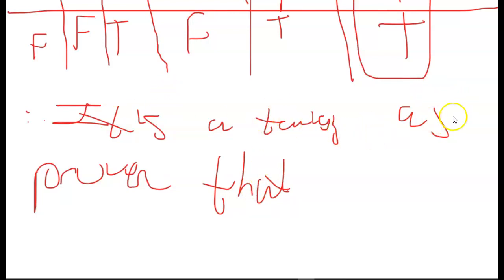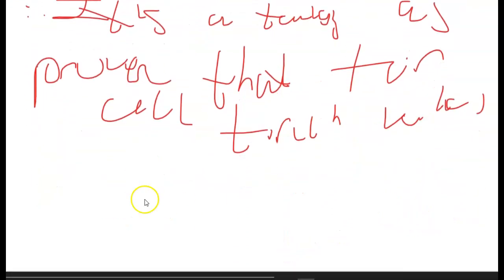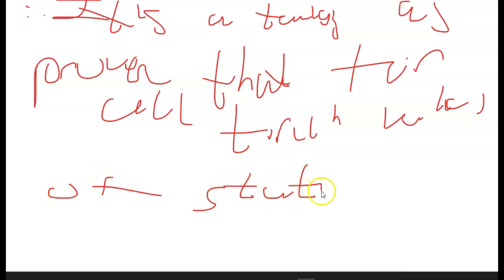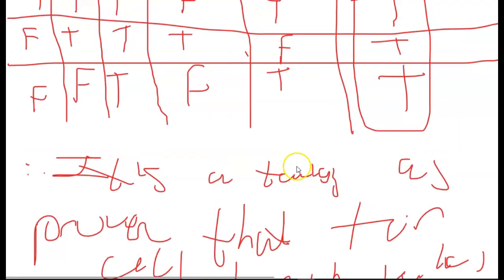It's a tautology as proven in the last column that all are true, or you can just say it's a tautology as proven that for all truth values of the last column is true, or you can say of the statement is true. And right now you proved a tautology.